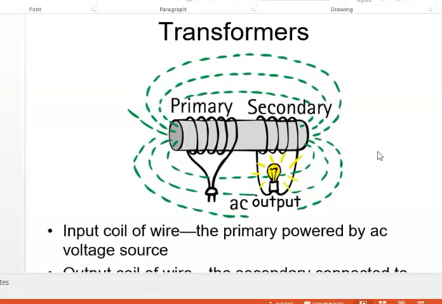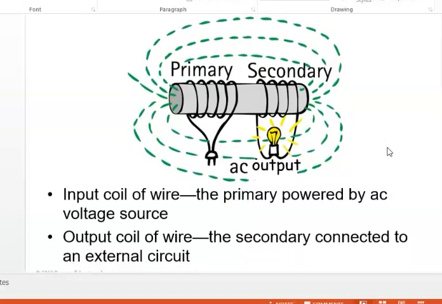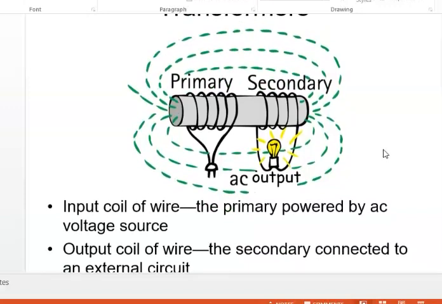A simple transformer consists of two coils over the same iron core. As you see here, there are two coils. This is one coil and this is another coil.